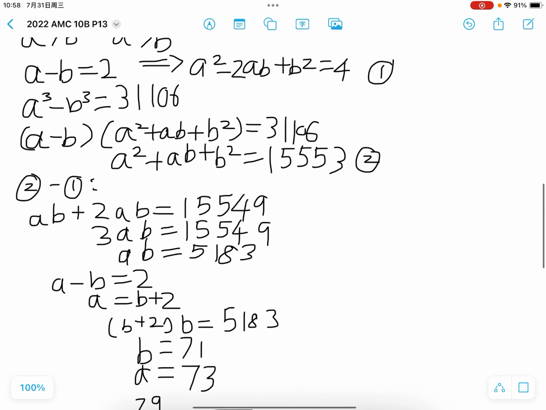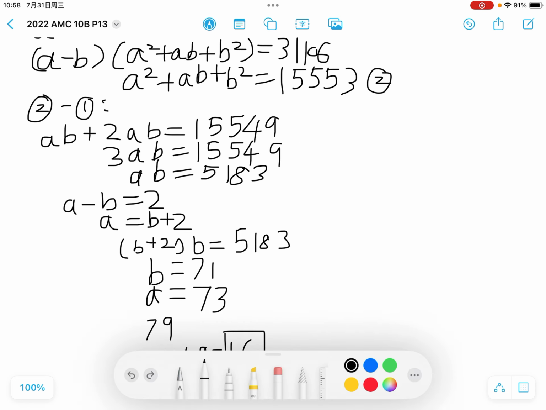Another difficulty is to factor out 5,183. What we can do is, we know that B plus 2 times B is 5,183, so B squared plus 2B is 5,183. So we want to find B squared first, which is probably going to be really close to 5,183.